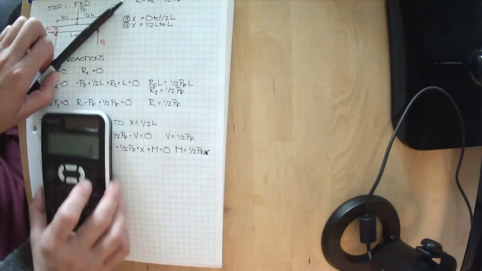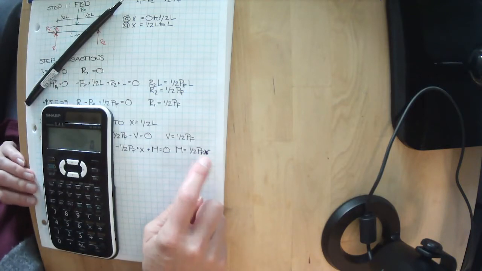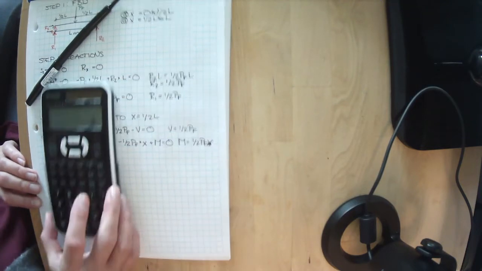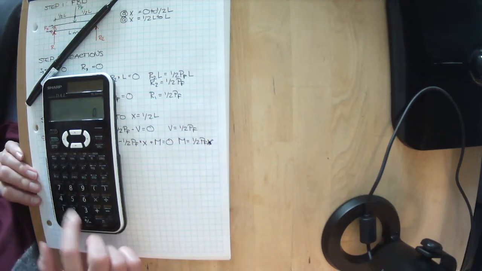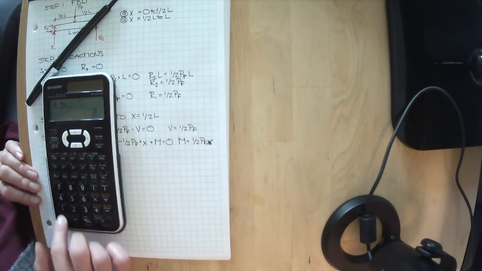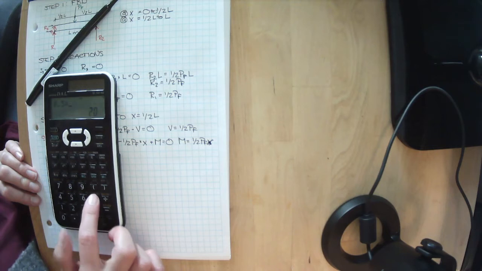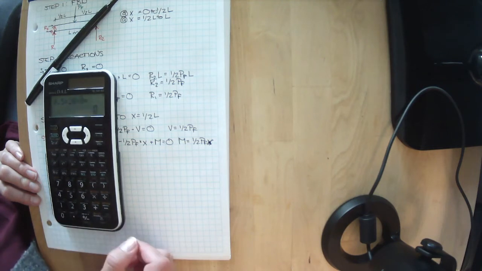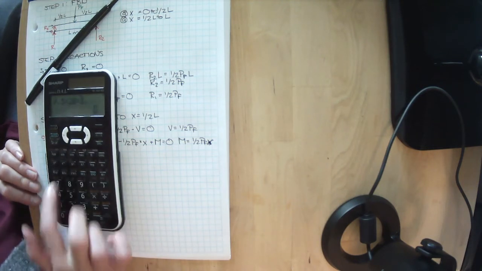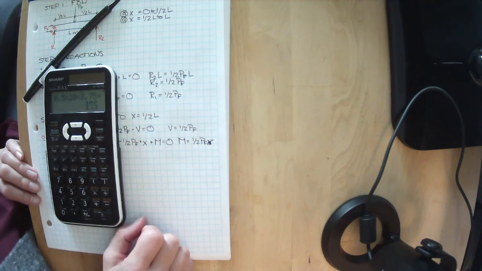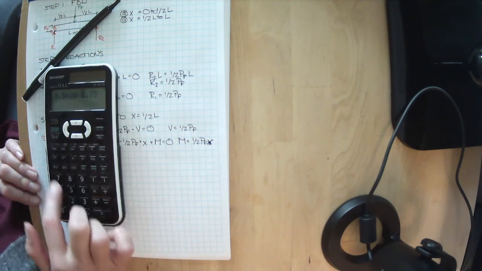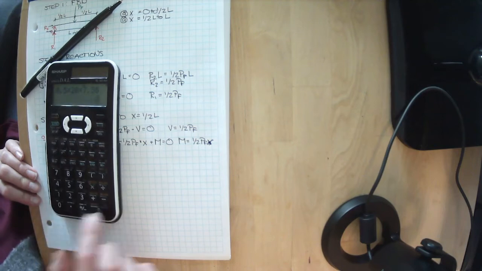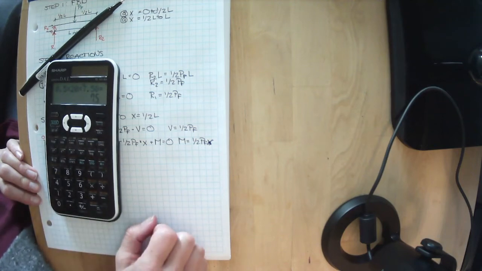Remember in our last problem when X was 0 and PF was 20, 0.5 times 20 times 0, we got 0. When it was 3.75, we got 37.5. When it was 7.50, we got 75 kilonewtons.